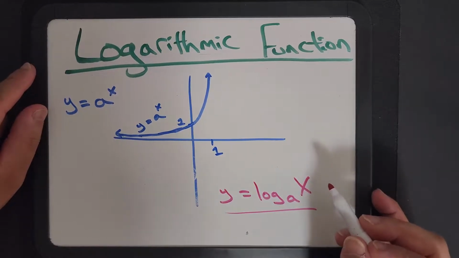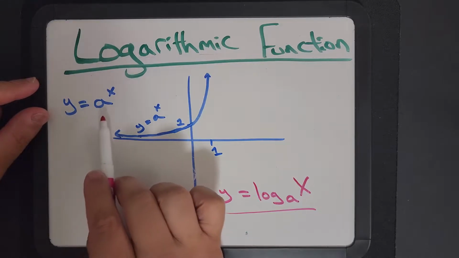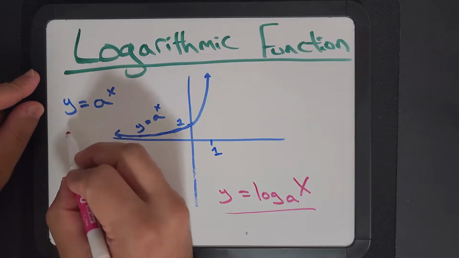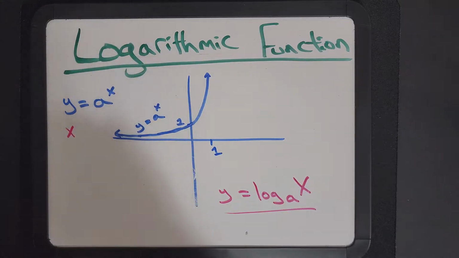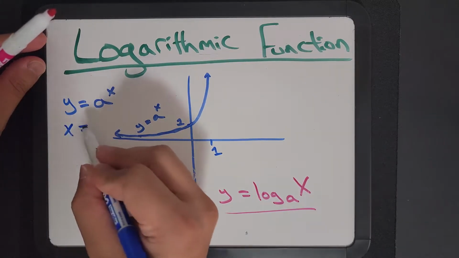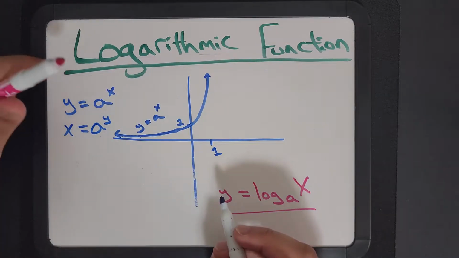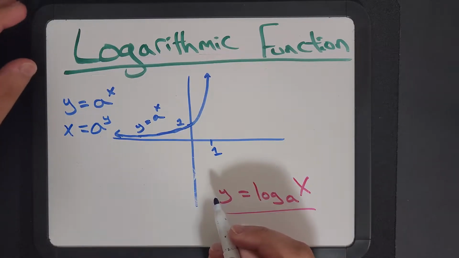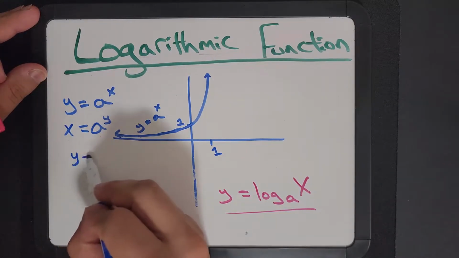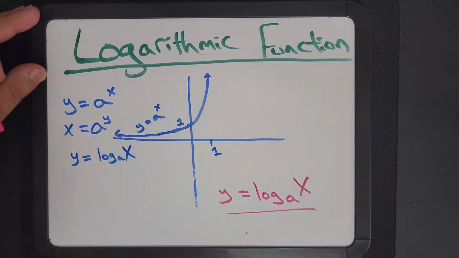So let's note one thing down from the start. The inverse of the exponential function y equals a to the power of x, which you can also write as x is equal to a to the power of y, has the equivalent form y is equal to log a of x.